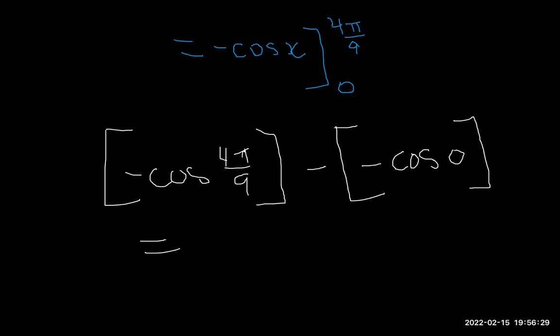I know that because of the pi right here. So if I find minus cos 4 pi on 9, can anybody tell me what's that value? Careful with your brackets when you're putting it into your calculator. What's the value of minus cosine of 4 pi on 9?